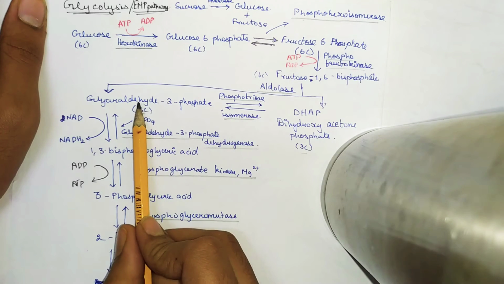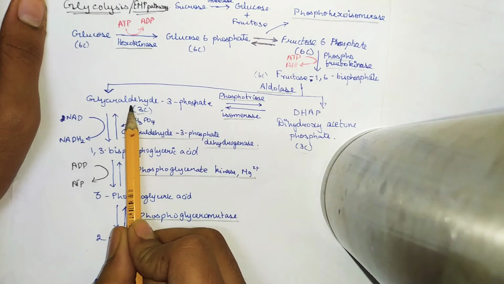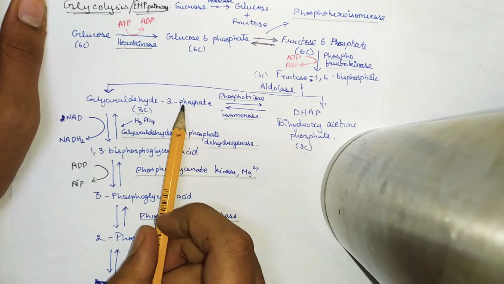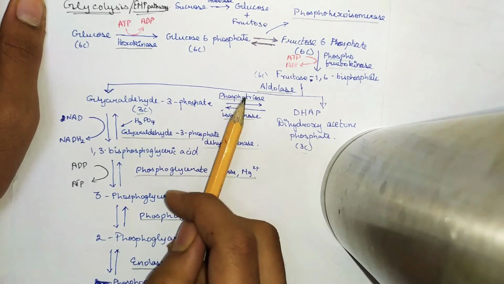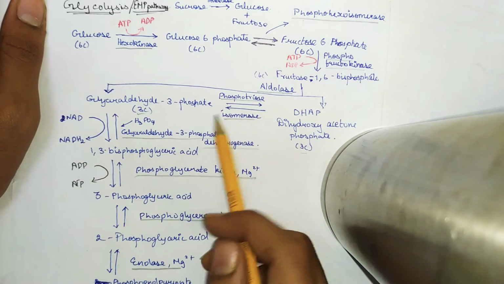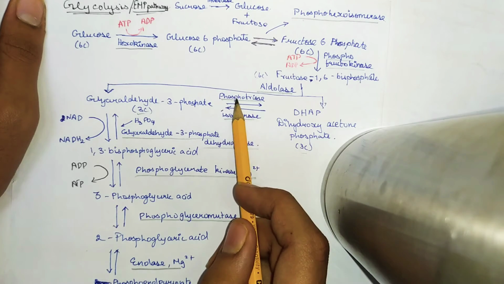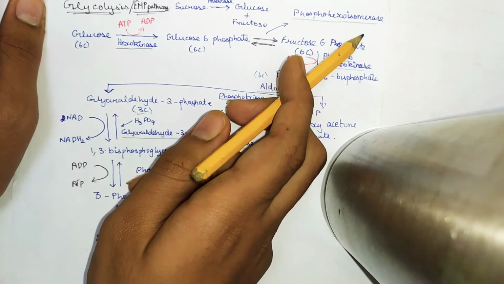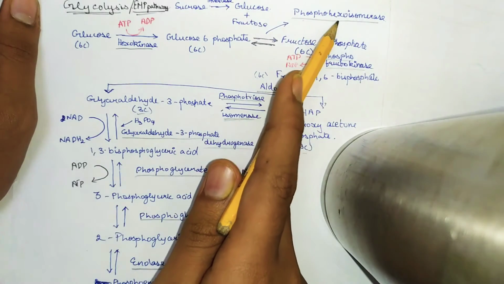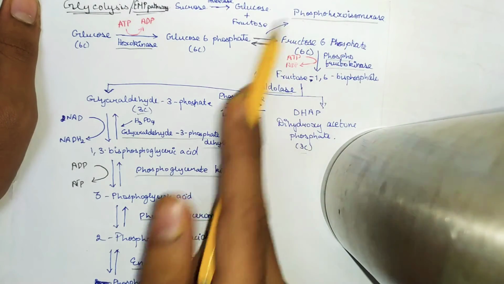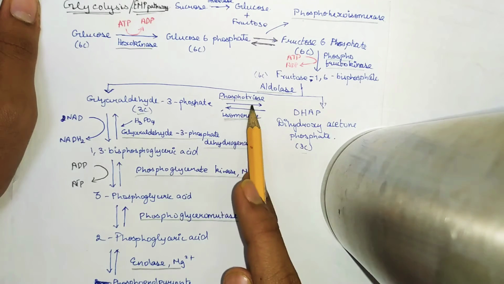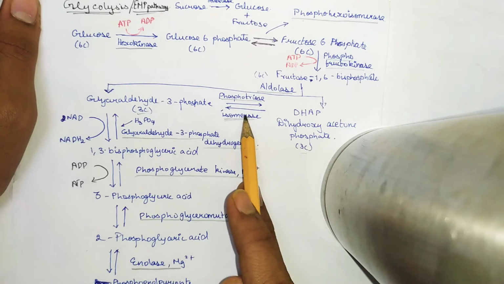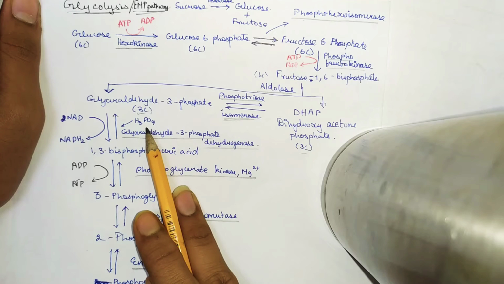And this G3P, glyceraldehyde 3-phosphate, can interconvert with DHAP with the help of the enzyme phosphotrioisomerase. Here also isomerase. This is phosphohexoisomerase, but this is phosphotrioisomerase. Okay, important.